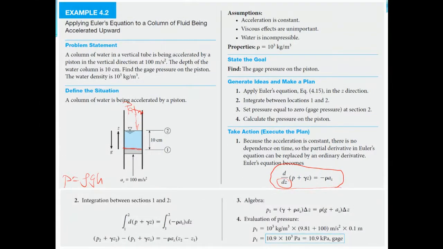Then we simply integrate. From cross multiply z, we now integrate from point 1 to point 2, dz. When we integrate, this is our piezometric pressure at point 2 minus point 1 is equal to this.